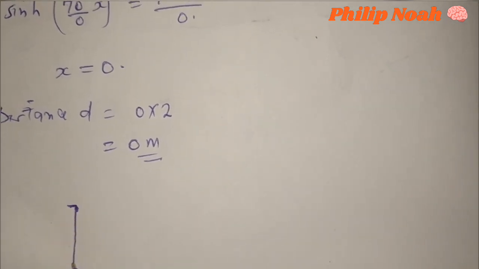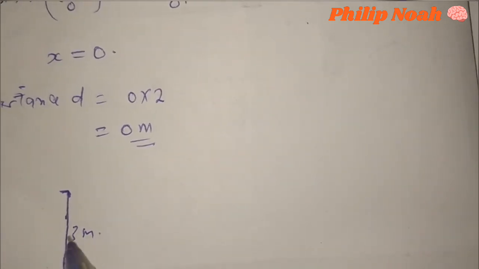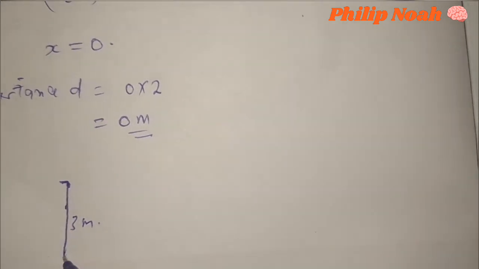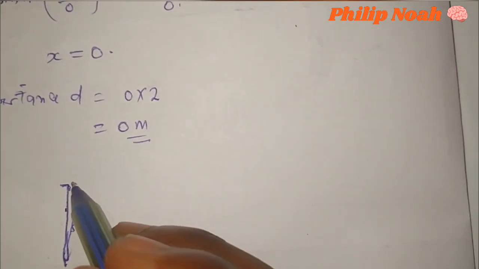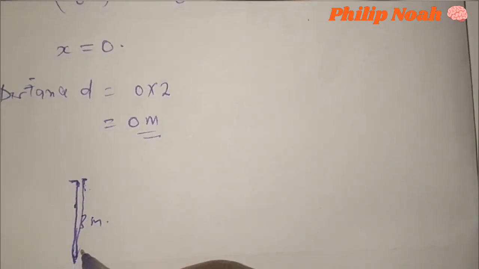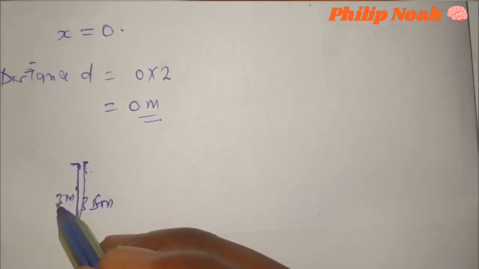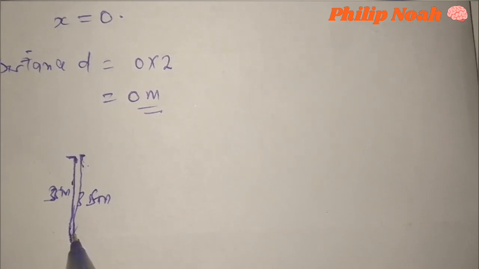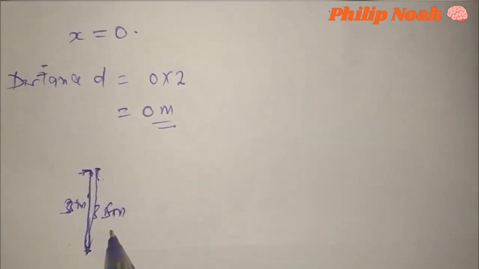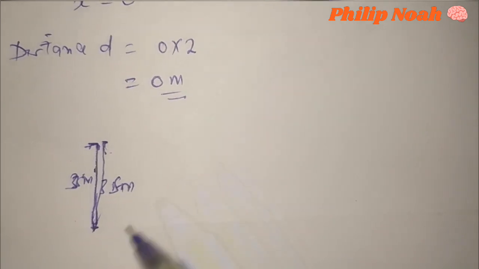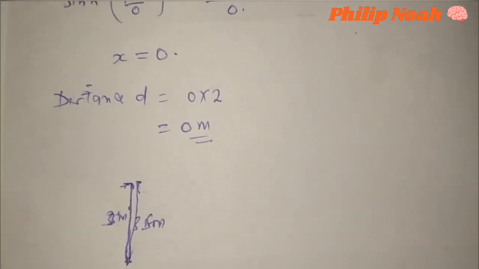So this is the cable, 35 meters, and it is 35 meters downwards. So it's just like folding this cable this way, so that the length from this point to this point is 35 meters. Meaning that the two poles have 0 distance between them. And that's the answer for that.